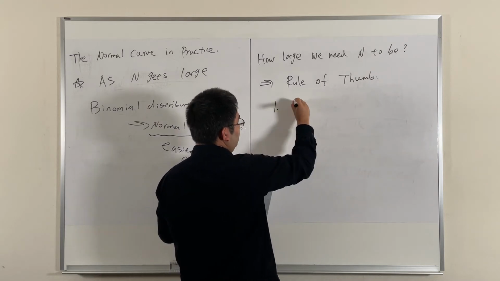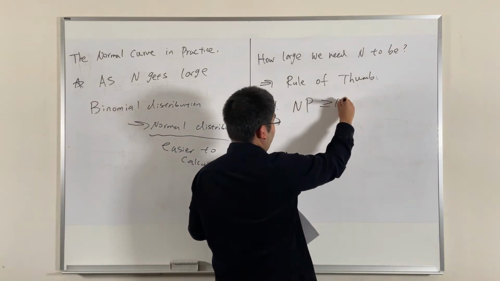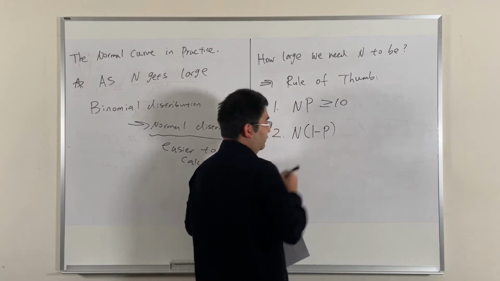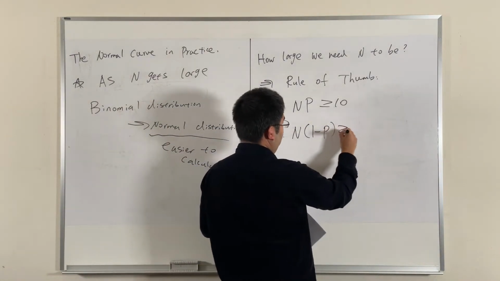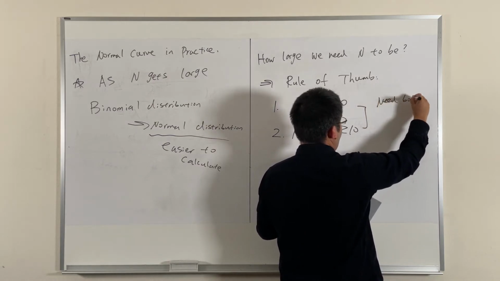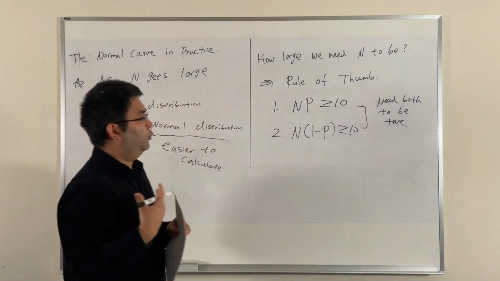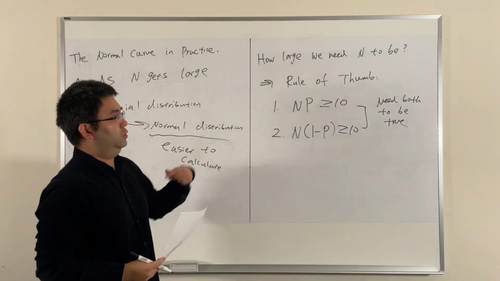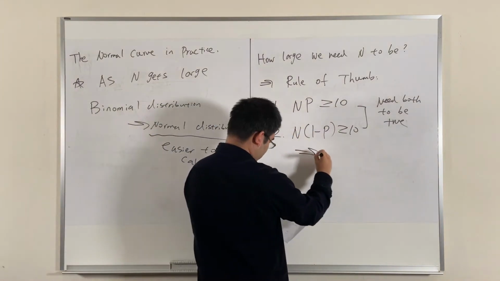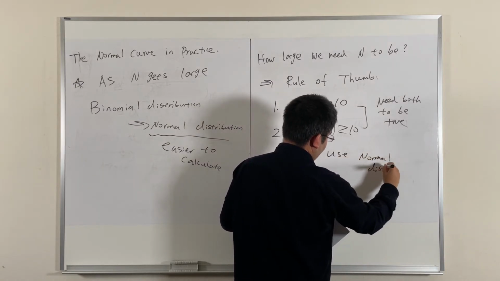You need your sample size times the probability of success to be greater than 10, and at the same time you need your sample size times the probability of failure to be greater than 10. So you need both to be true. Then if these are true, you're free to use normal distribution.